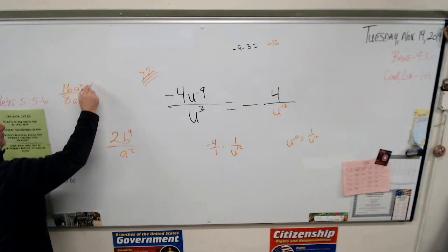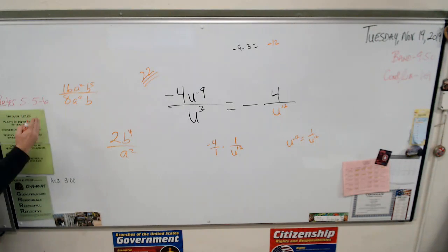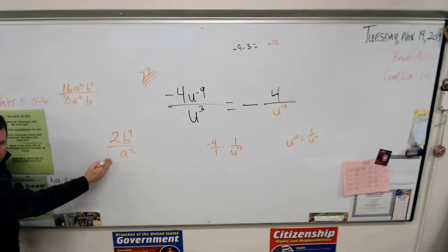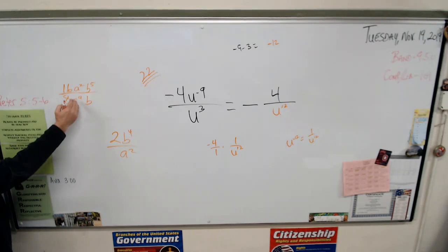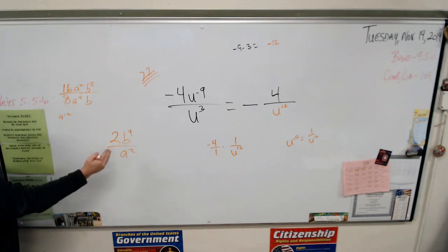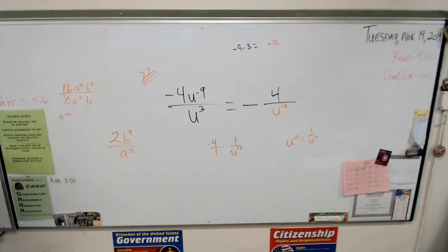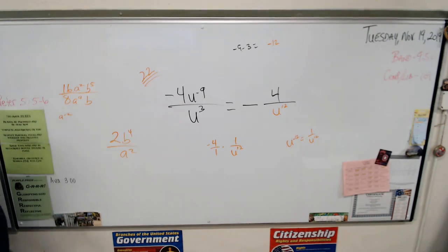And this was b to the 5th and a b? Yeah. Right? So handle the numbers first. 2 over 1. Everybody following? The letters next. A squared over a to the 4th, which is a to the negative 2, and that ends up being 1 over a to the positive 2. 5 minus 1 is 4. Boom. Positive, so it stays in the numerator.